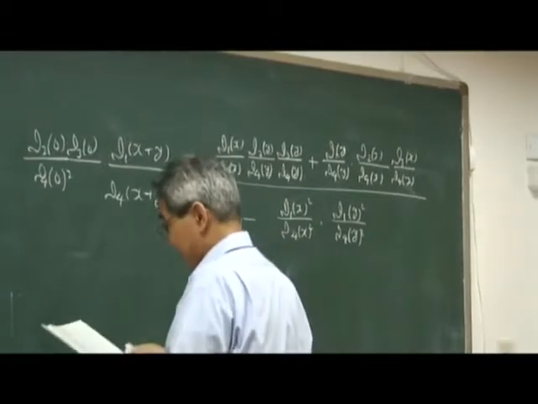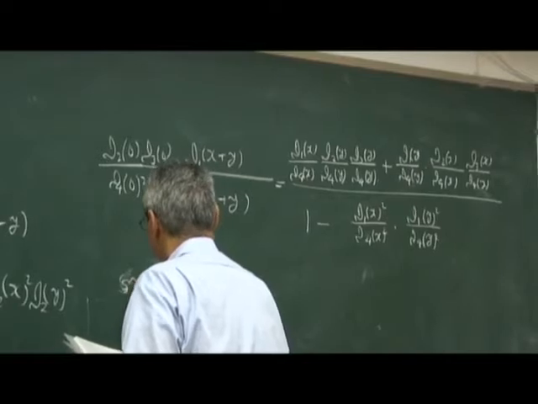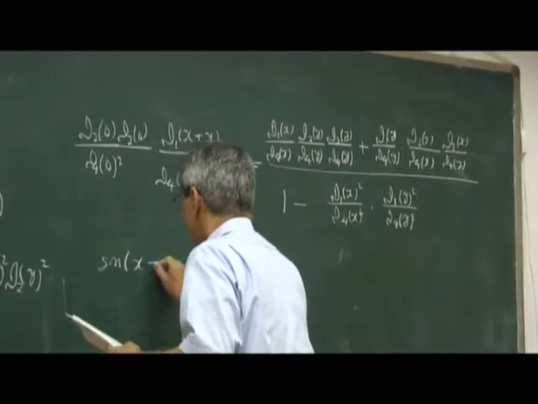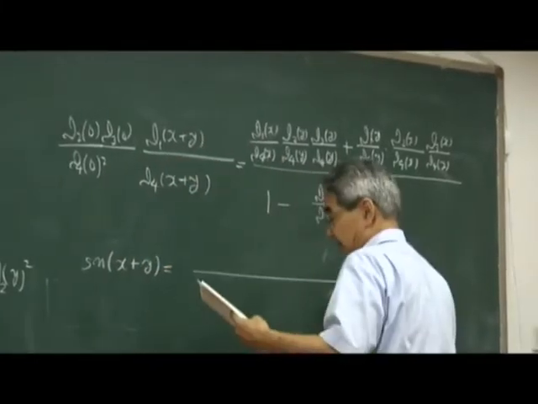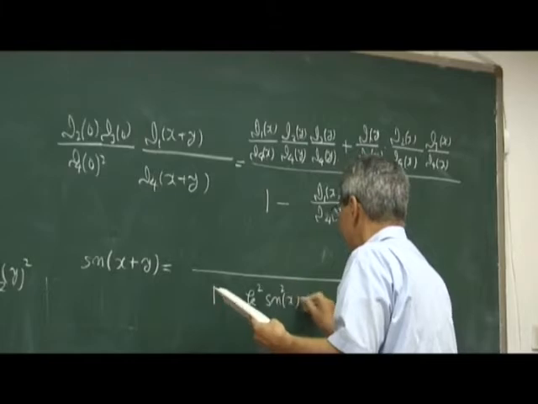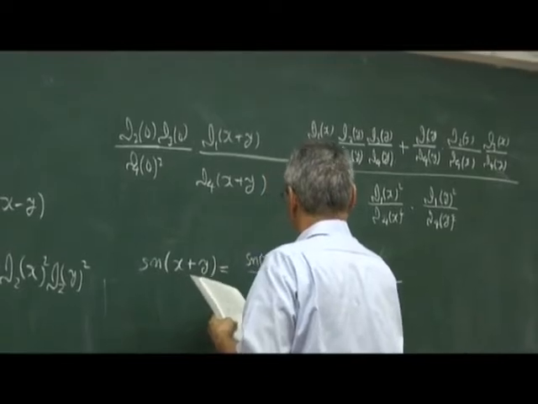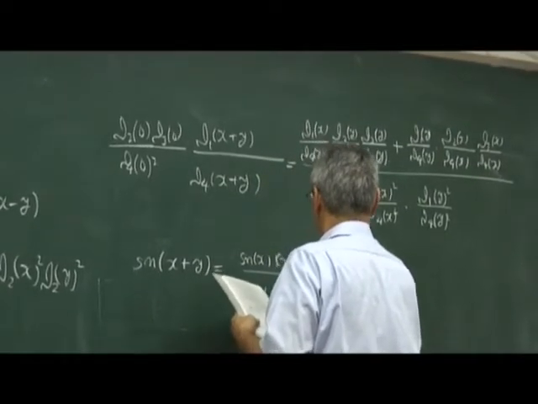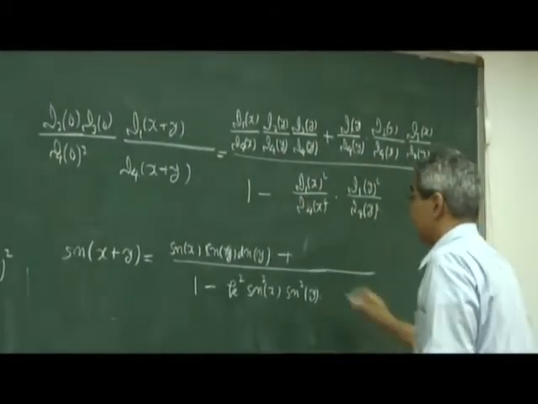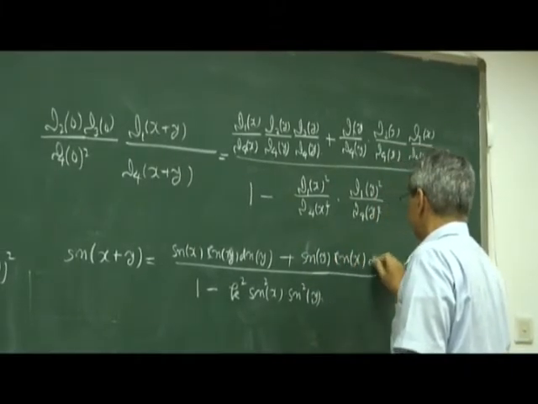And this looks very much like the addition formula for the Sn function, where originally, obtained by the inverse of the elliptic integrals, it is given by k square Sn x square Sn y and Sn x Cn x dn y plus Sn y Cn x dn x.